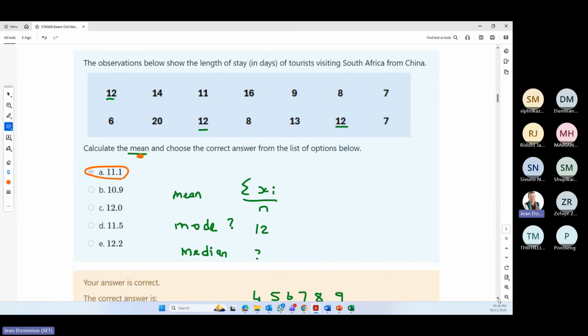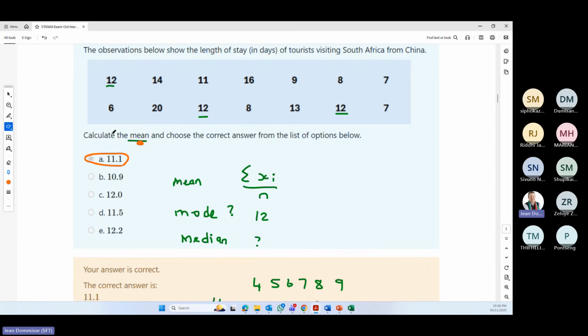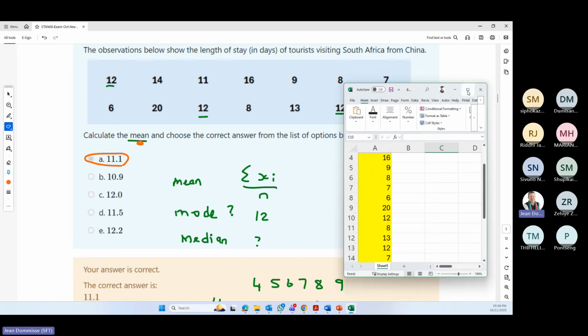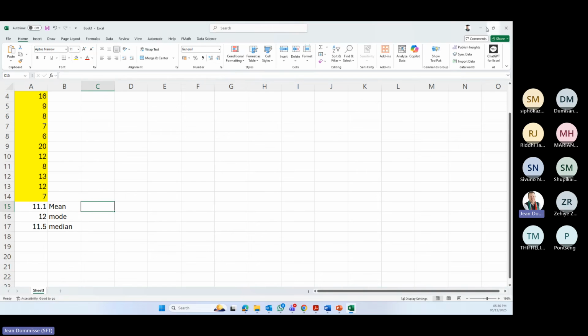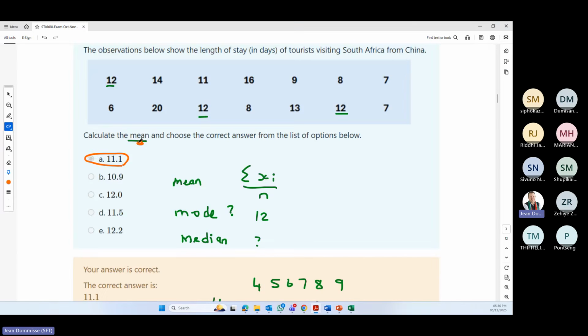Okay, and what you can see, and this might happen in the exam, is the median we said, I think, was 11.5. So what can happen in the exam is the mean was asked for some of you, there's the answer. The mode was asked for some of you, there's the mode. And the median was asked for some of you, and there's the median.